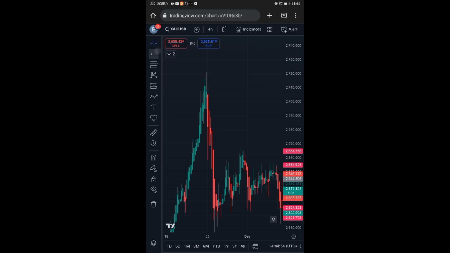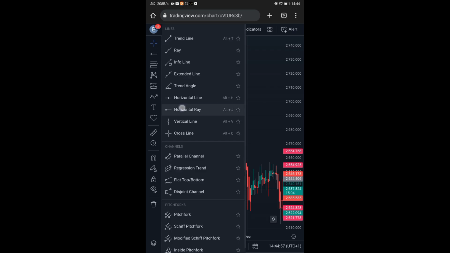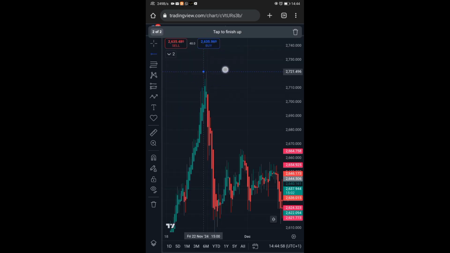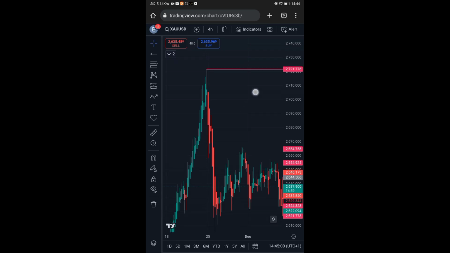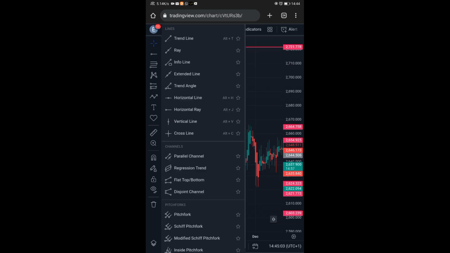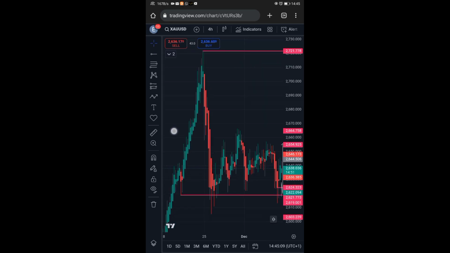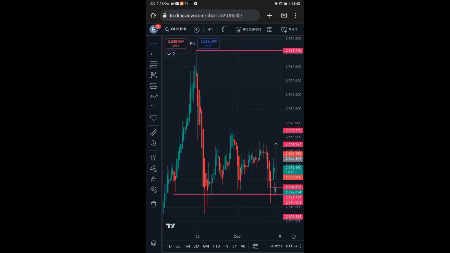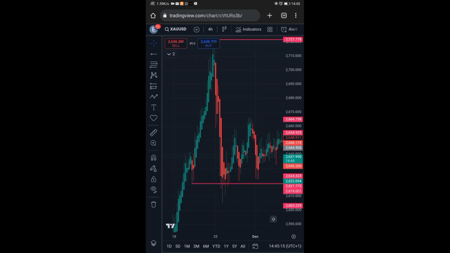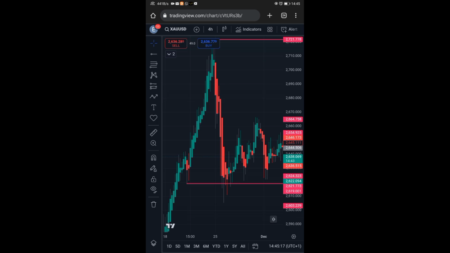So right now I'm going to mark the high and I will mark the low. The reason why I marked out the high and the low is that I'm waiting for a candle to close below this wick right here.